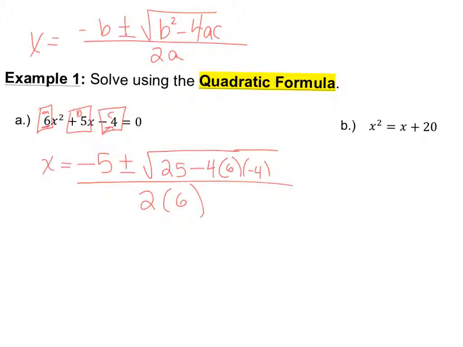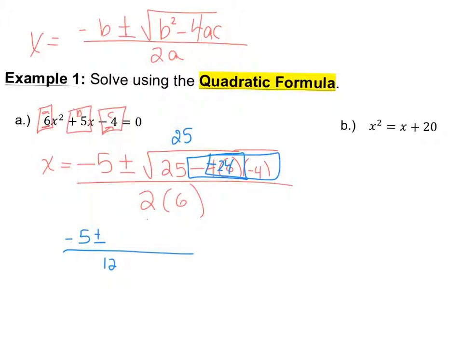And so you're going to do x equals negative 5 plus or minus the square root of 25. So what we did is we did 2 times 6 already, and we saw that that was 12. And then 25 minus, we do 4 times 6, negative 4 times 6 is negative 24, and negative 24 multiplied by negative 4 is going to give you the value of positive 96.